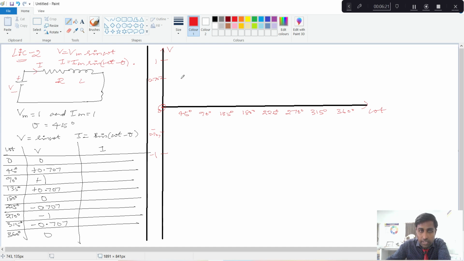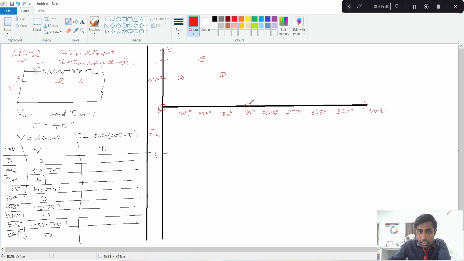So this will give you plus 0.707, and for the 90 I am getting 1, and for 135 degree it is again plus 0.707. For 180 degree it is 0.